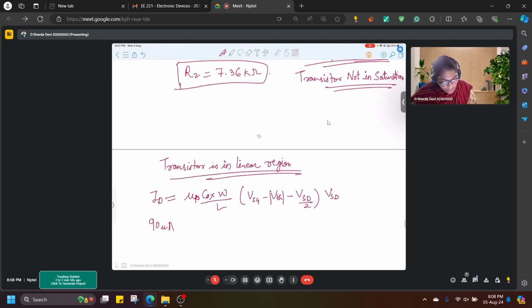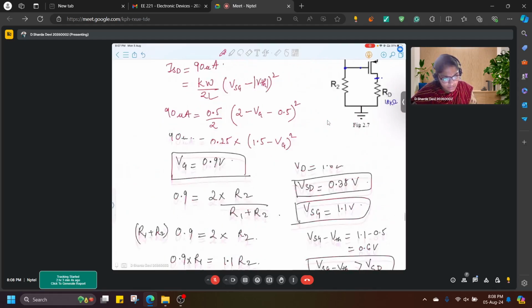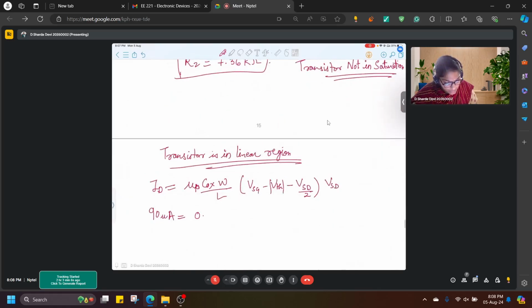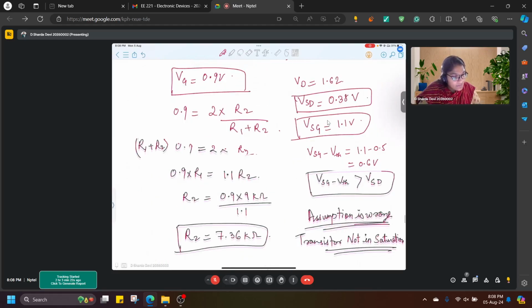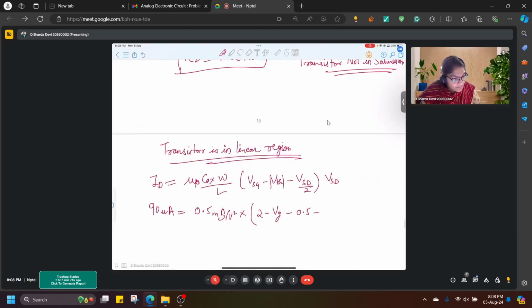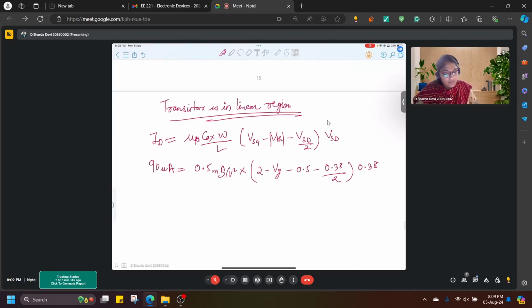So here, 90 micro, K equal to, Q was 0.6, 0.5 millimeter is 4 into VS2 minus VG minus 0.5 minus VSD by 2, with VSD 0.38, into 0.38.